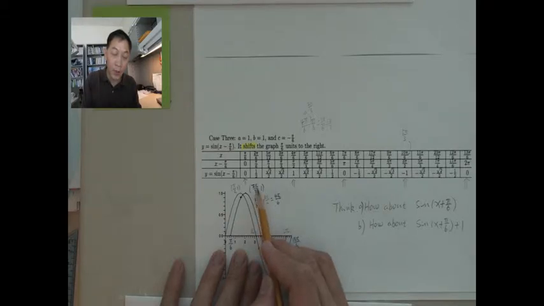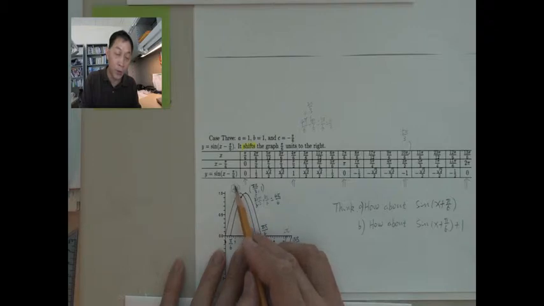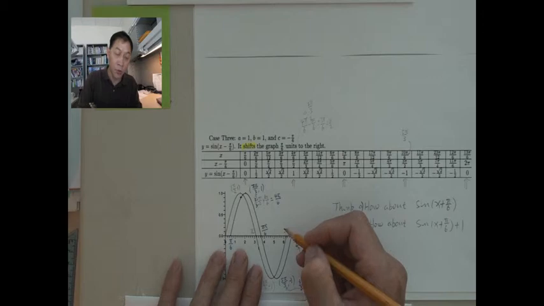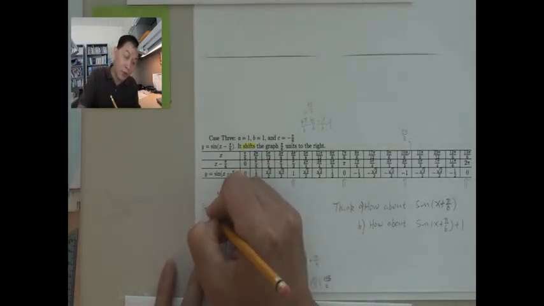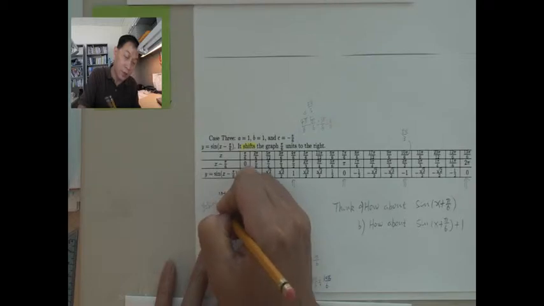Previously, when we needed the highest point, it was pi over 2, 1, because this picture was y equals sine x.